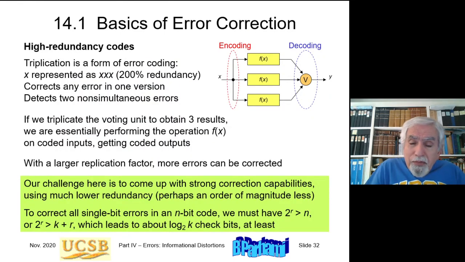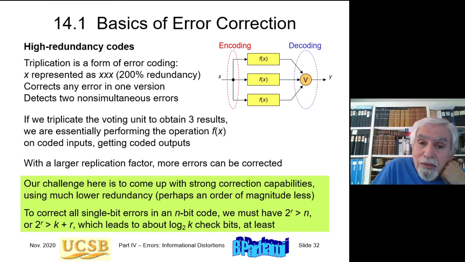So we start as we did for error detection by looking at the code we already know, although we didn't talk of it in terms of coding. Triplication allows us to correct an error in any single computation channel out of the 3 channels.